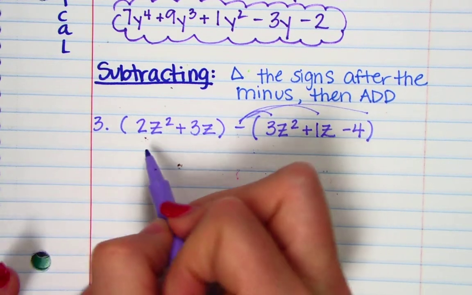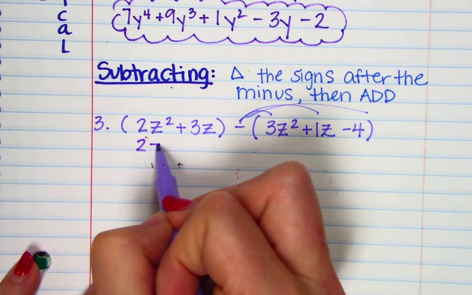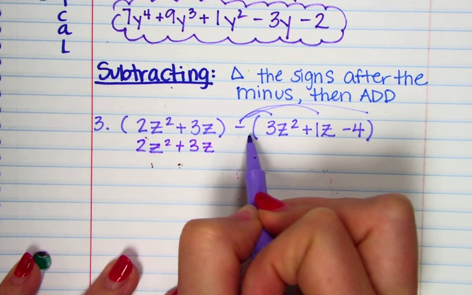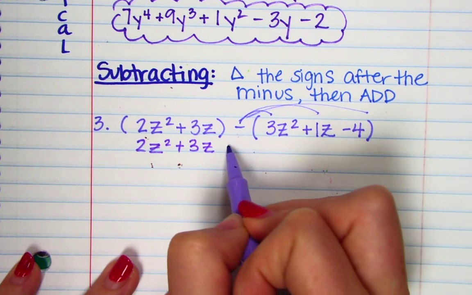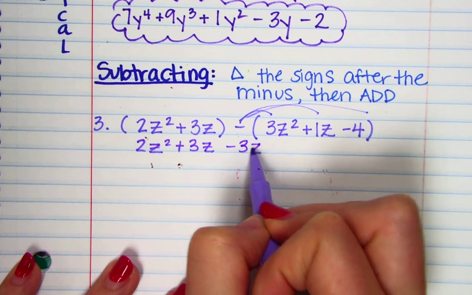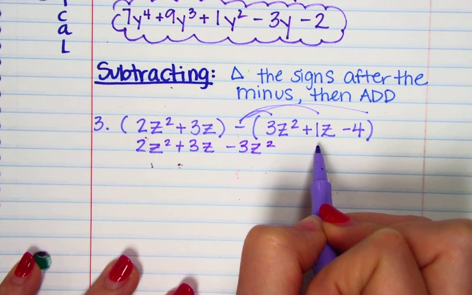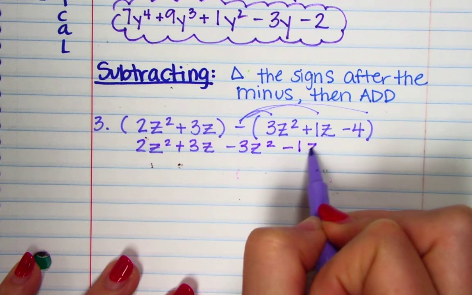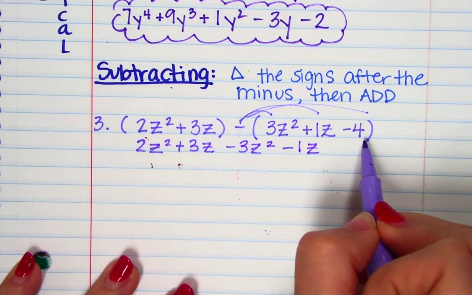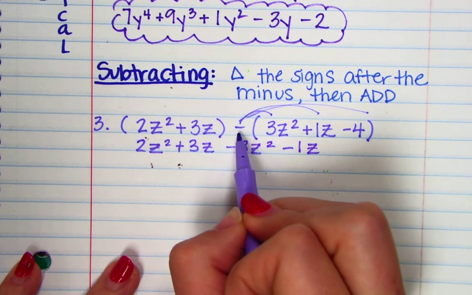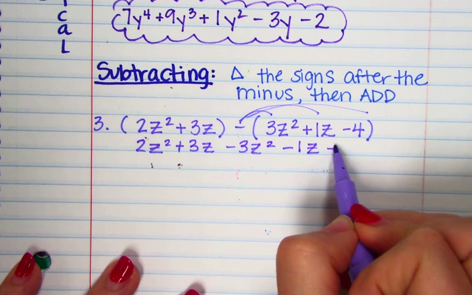Okay, so I'm going to break the first one out of its parentheses. It's fine. Right, it's not going to change at all. Then this 3z squared is going to become minus 3z squared. What's this plus 1z become? All right, minus 1z. All right, and what about this minus 4? What does that become? All right, positive, right? You got to change the sign.